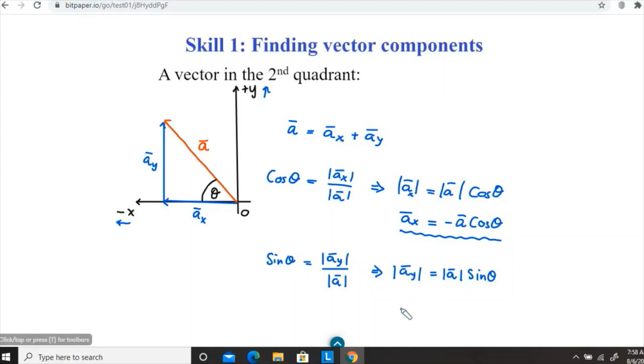So in terms of A vector, ay vector is going to be equal to plus A vector times sine theta. Why is it plus? That's because the ay vector is along the positive y direction. That's the reason I put a plus sign here.